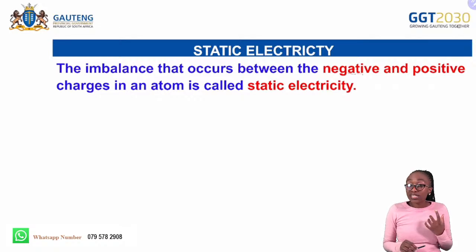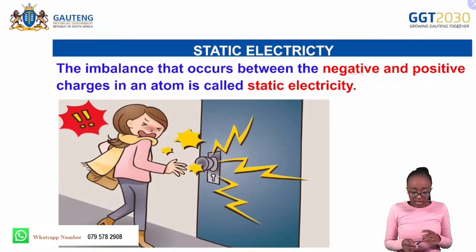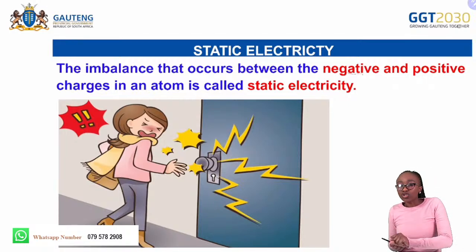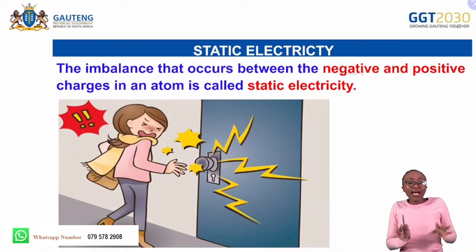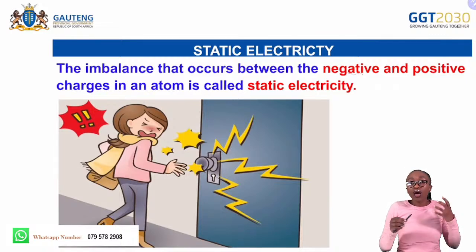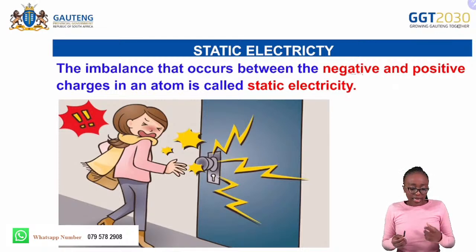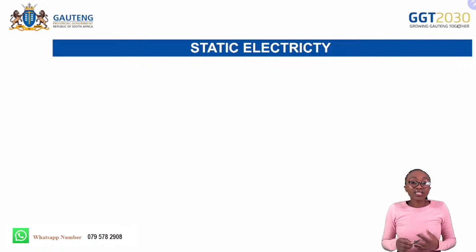Remember, I'm sure you've had an incident where you've held a doorknob or a water tap and then you felt some kind of shock. That is static electricity, because of the imbalance in positive and negative charges, resulting in the object becoming charged.